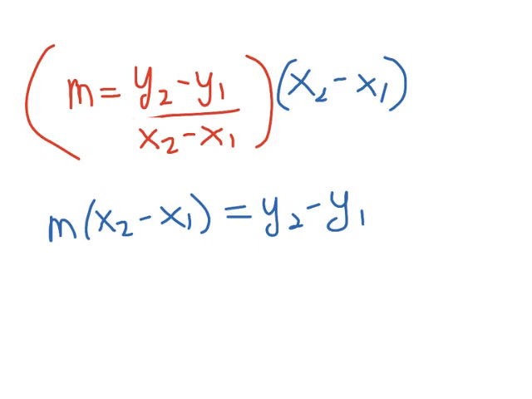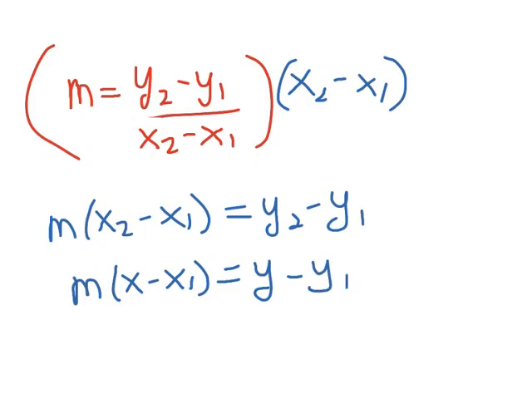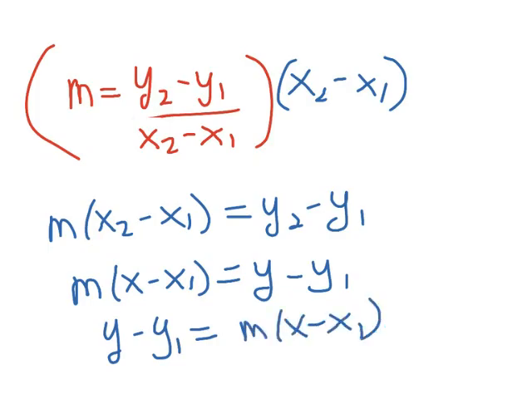We're going to let x2, y2 now be any point at all on the line, not a specific one. So instead of writing x2, I'm just going to write x. And instead of y2, I'm just going to write y. And so just switching sides, you can see that we get the formula I had written on the previous page. Y minus y1 is m times x minus x1. So the point slope formula is really just a rearrangement of the slope formula that you know and love.